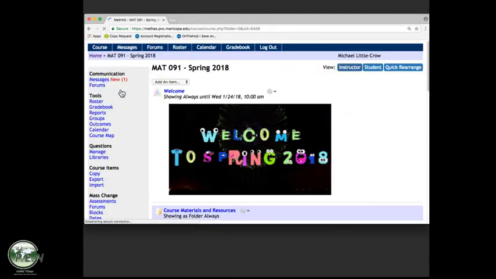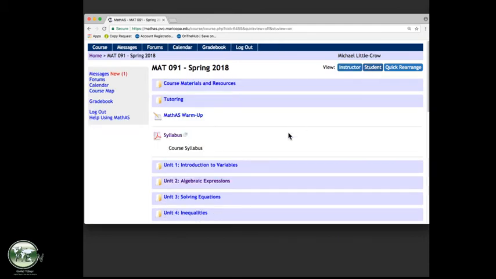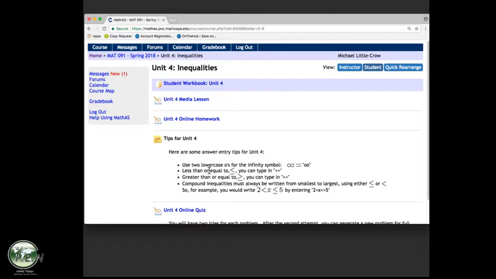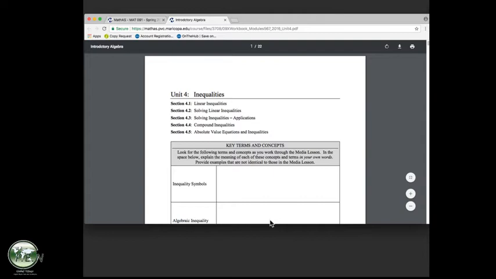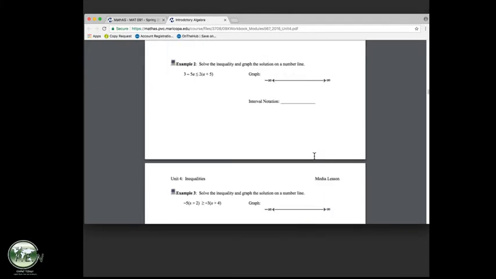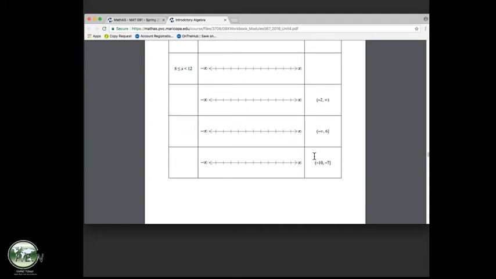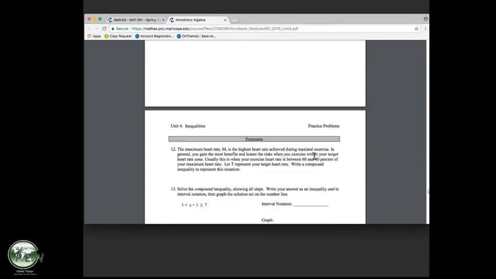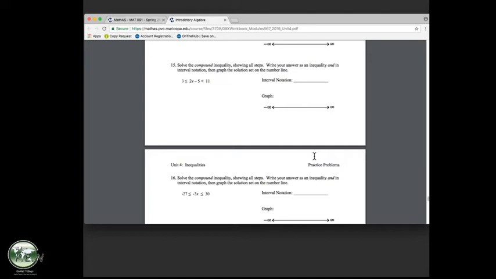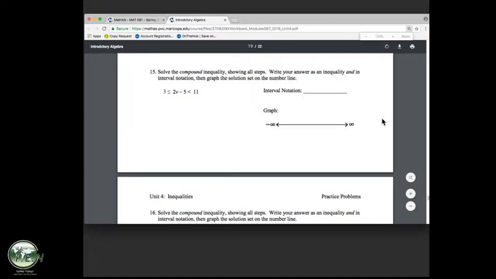Okay. That's as big as it'll let us go. We left off maybe on this part, talking about compound inequalities. 107.